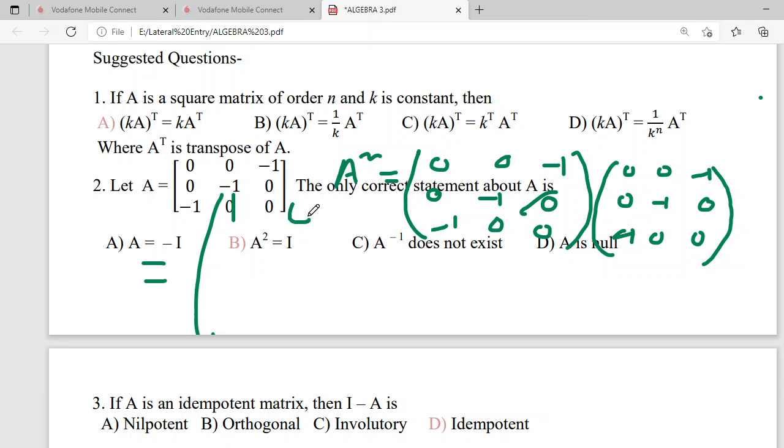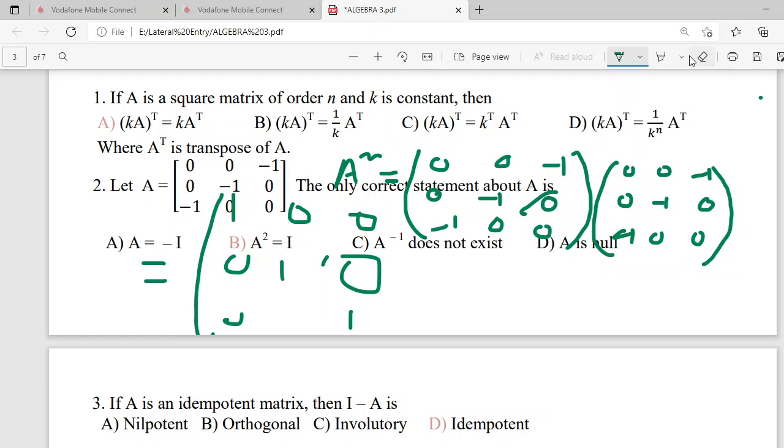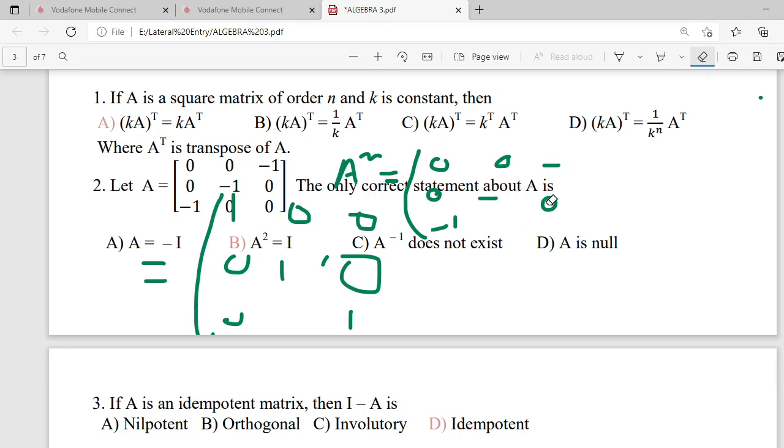Then you multiply this, you will get 0. So only the diagonal elements are 1, 1, 1 and the others are 0. So we have it as the option.